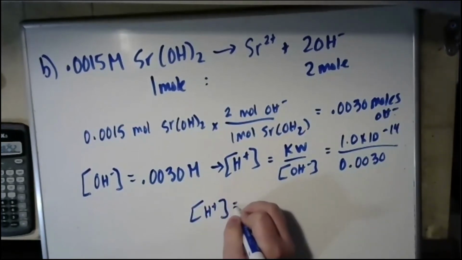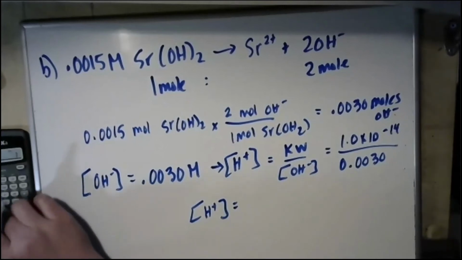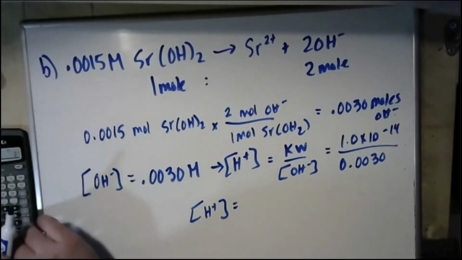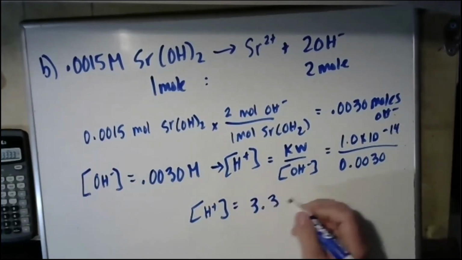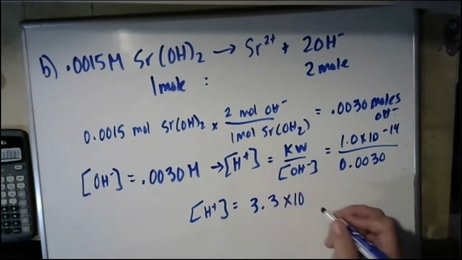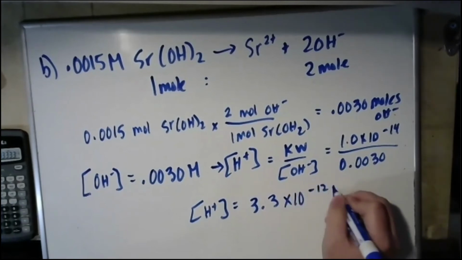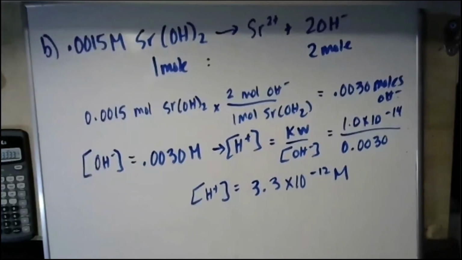So our H plus concentration is going to be 3.3 times 10 to the negative 12 molar. From here, I want to find my pH.